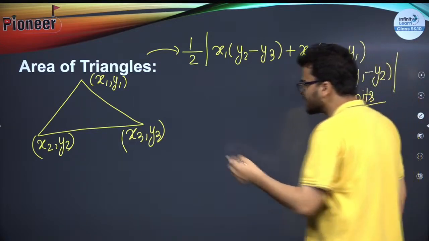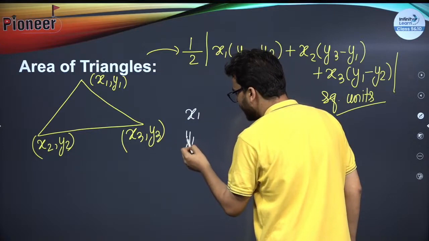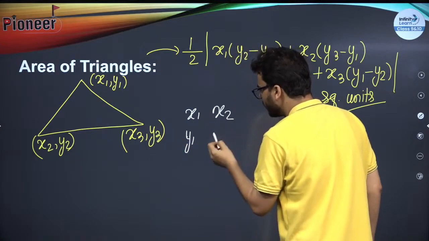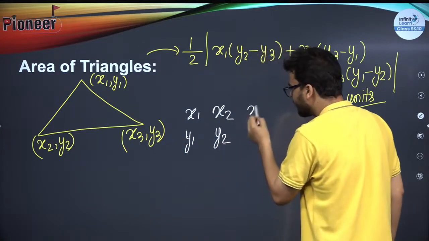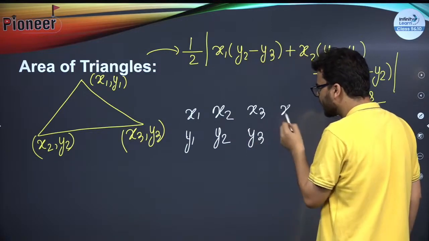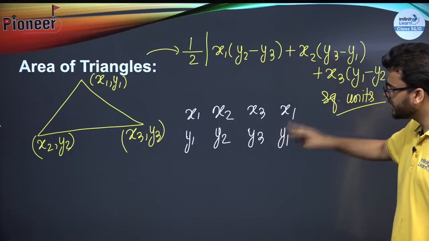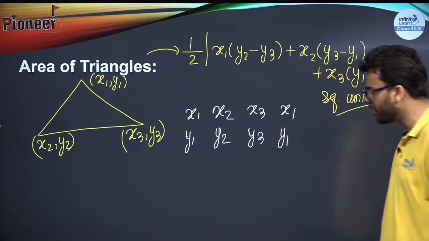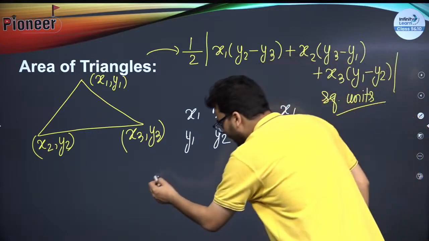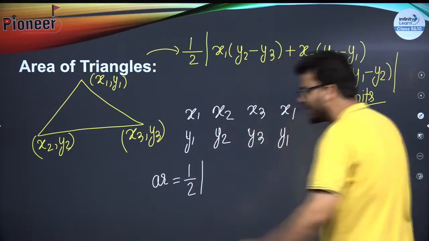Basically, let us write the vertices in that manner. We have to write x1, y1, x2, y2, x3, y3, and again x1, y1. Then area will be equal to half into modulus, which will automatically come.